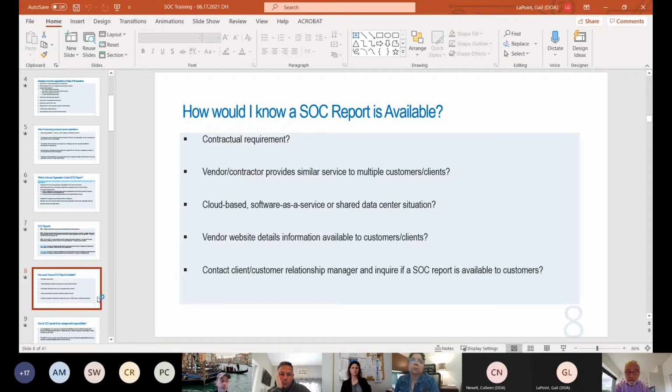A vendor website, if you get a good website, will often provide some information as to the availability of a SOC report. And lastly, you can always reach out to your customer relationship manager at the vendor and inquire if a SOC report is available, and they'll refer you to the appropriate people.